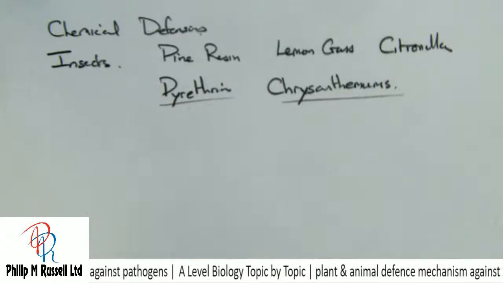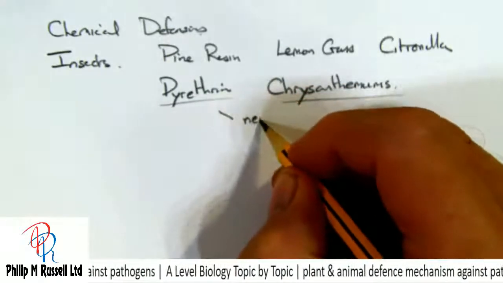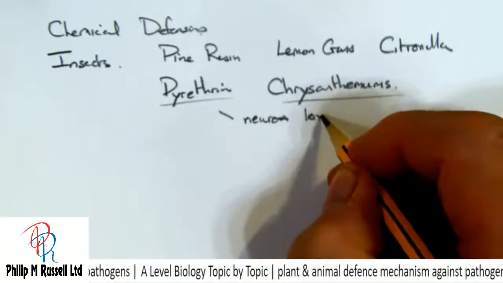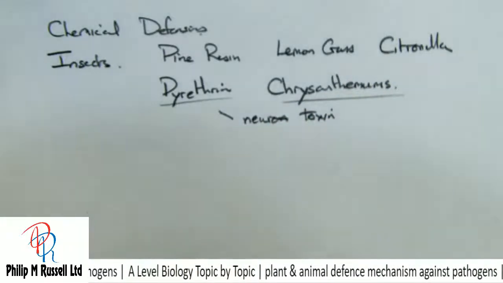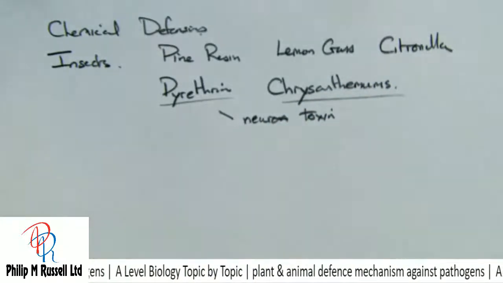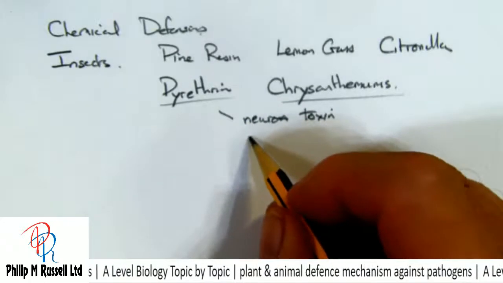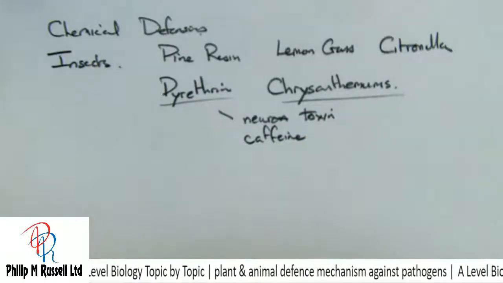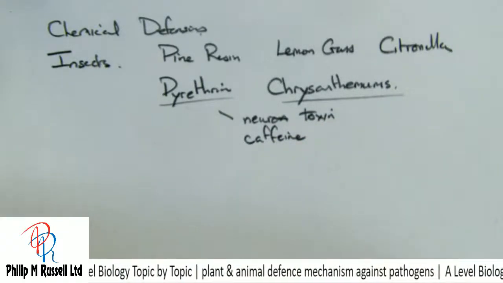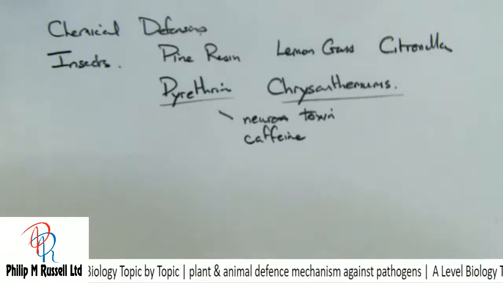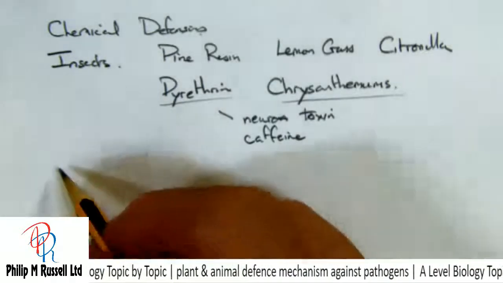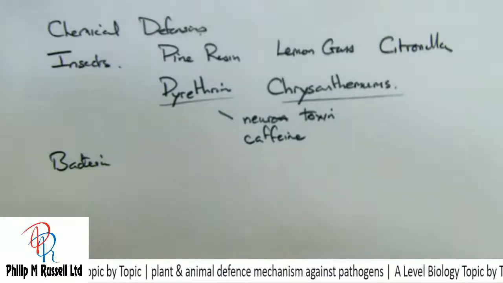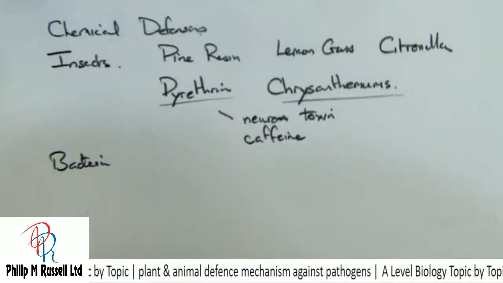This is in fact a neurotoxin. So it's quite wonderful. And in fact other plants make things like caffeine, and that is really toxic to insects and fungi. But we also know that against bacteria we've got various chemicals that we've met.